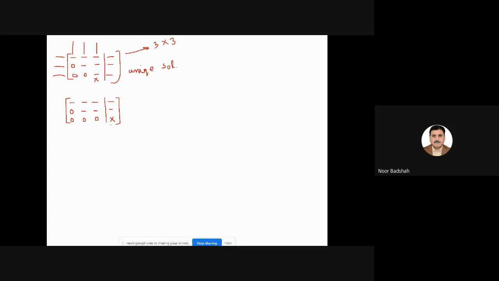So what happens? The last equation is giving you something impossible. You say 0 is equal to a non-zero quantity. So in this case, we'll be having no solution.